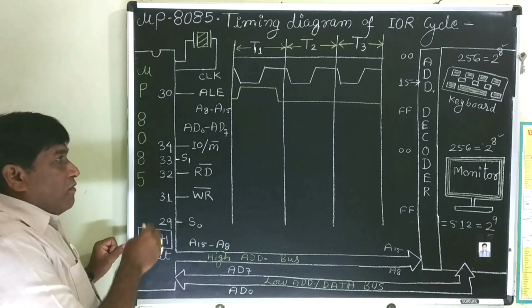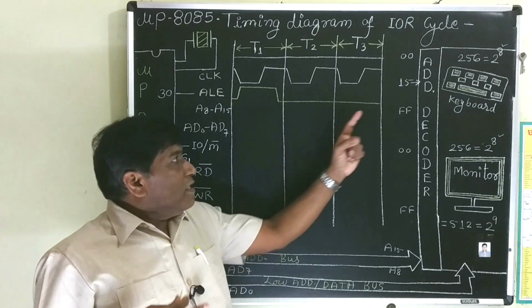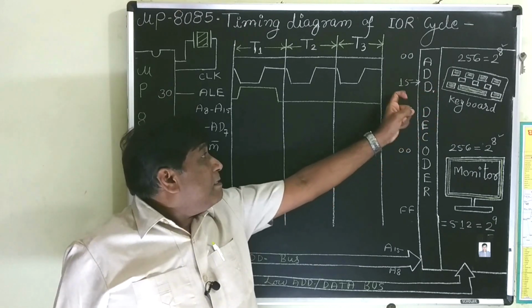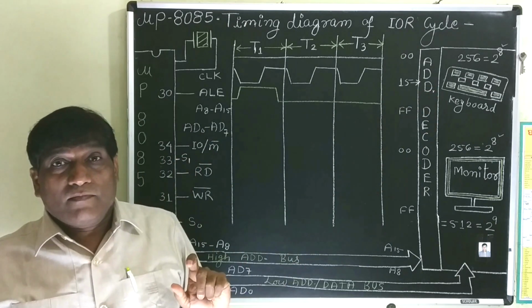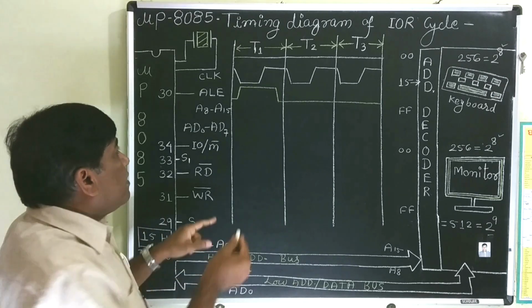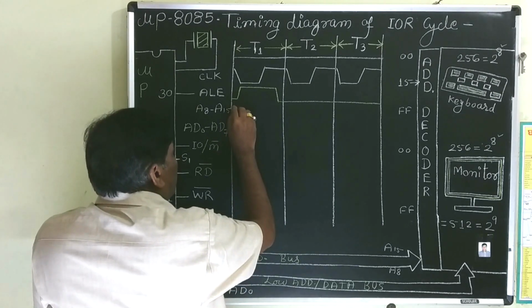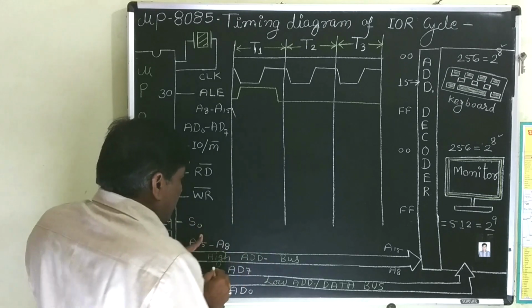Now, when we want to read something from the keyboard, this address should be initiated. How should this address be initiated? Now, this content we may connect, as we have shown here.